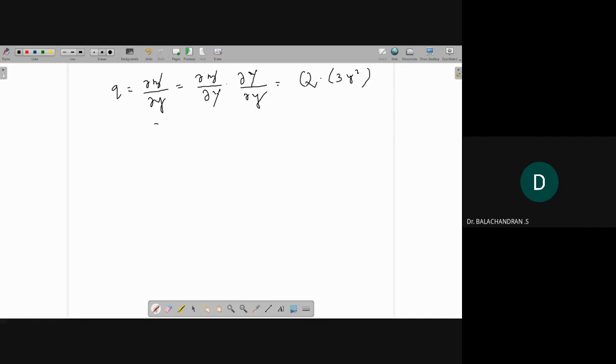So Q divided by y square equal to 3Q. This implies q into y power minus 2 equal to 3Q, or 1 by q into y power minus 2 equal to 1 by 3Q.